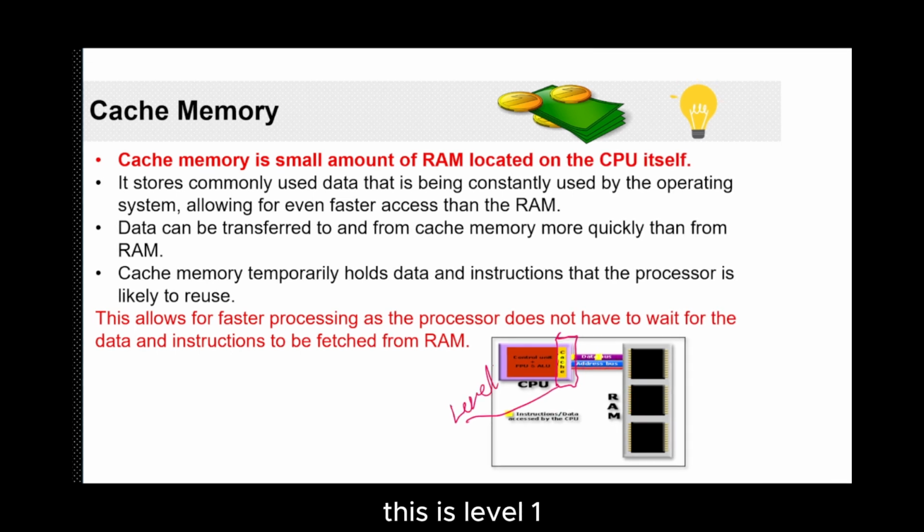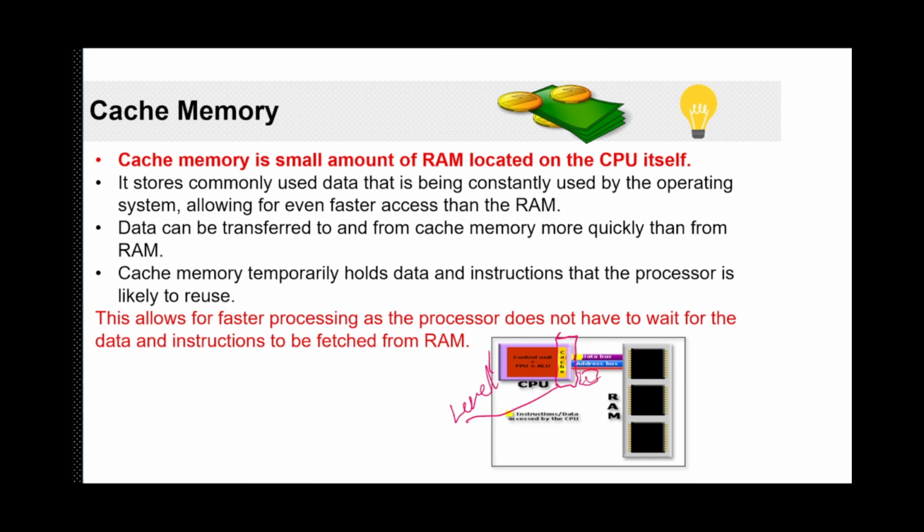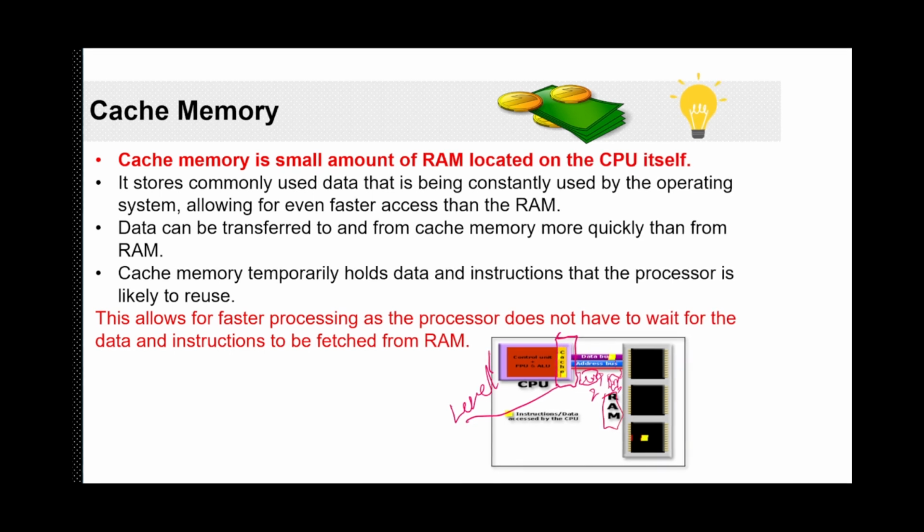Then we have got level 2 cache somewhere here. Level 3 is also somewhere here. And then we have got RAM, which is here.